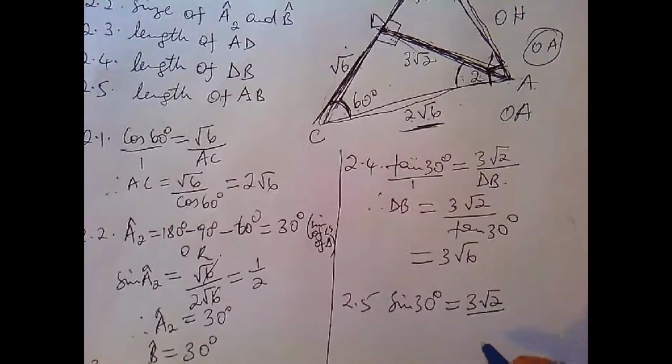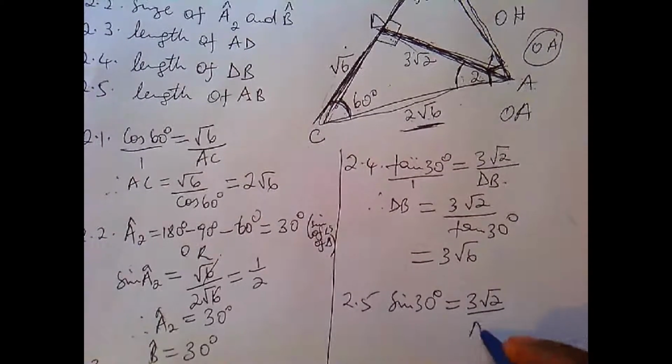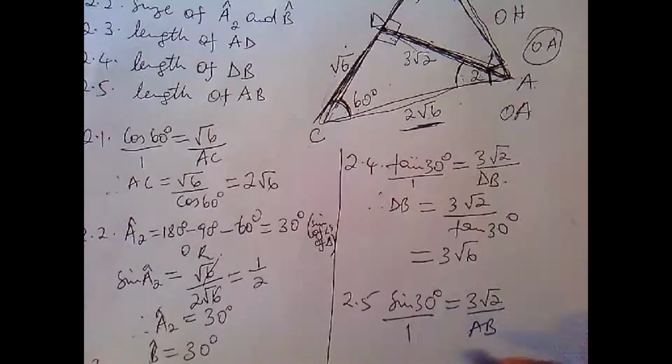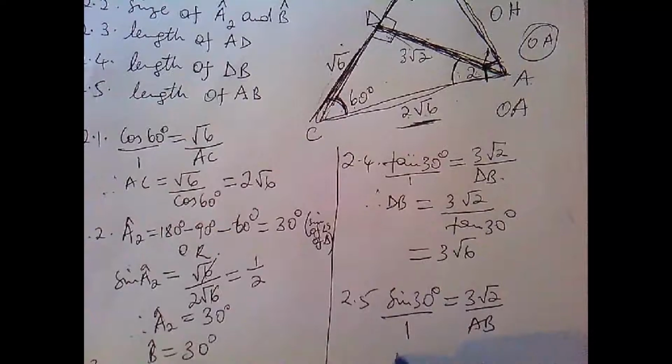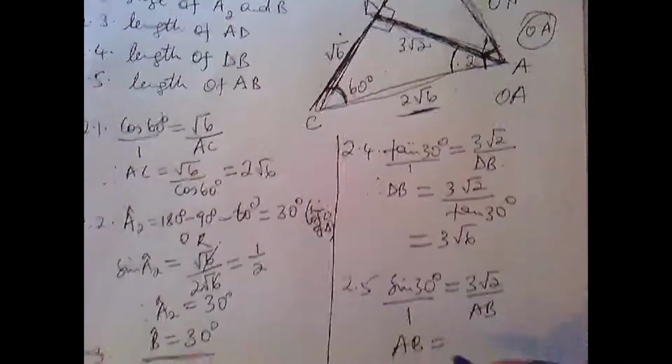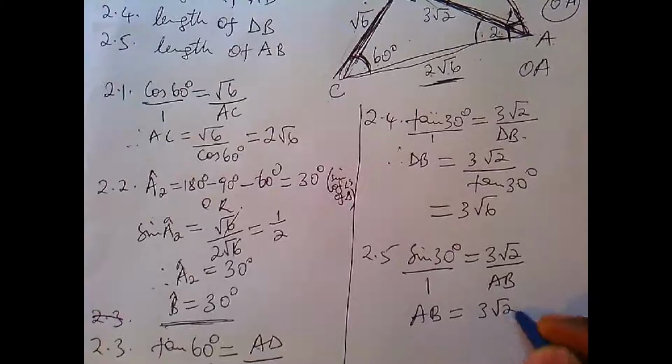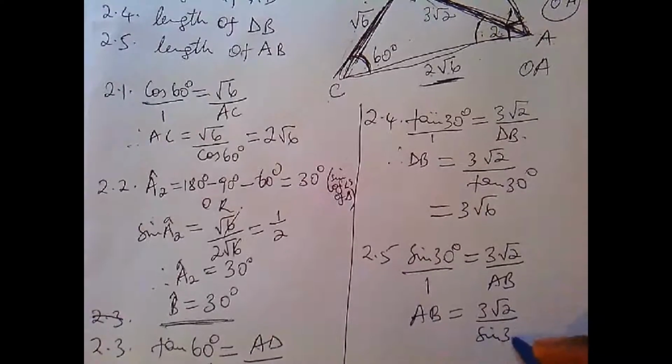and what you are looking for is obviously AB. And then this is over 1, so you can do the manipulations. AB will be 3 square root 2 divided by sine 30 degrees.